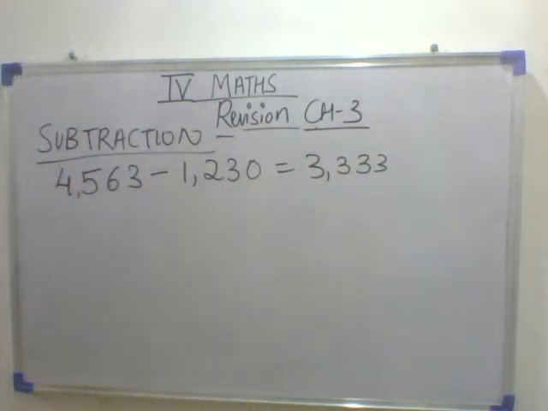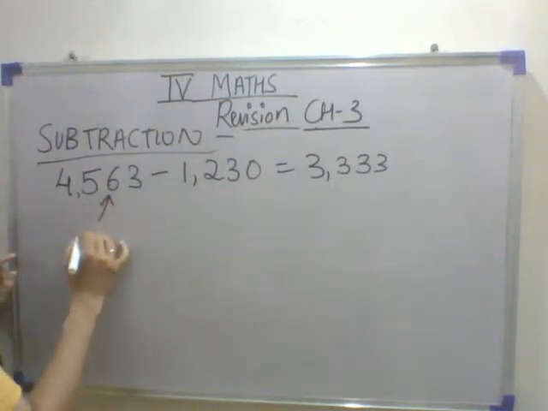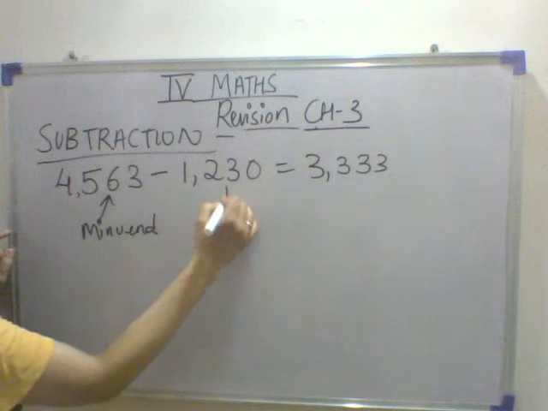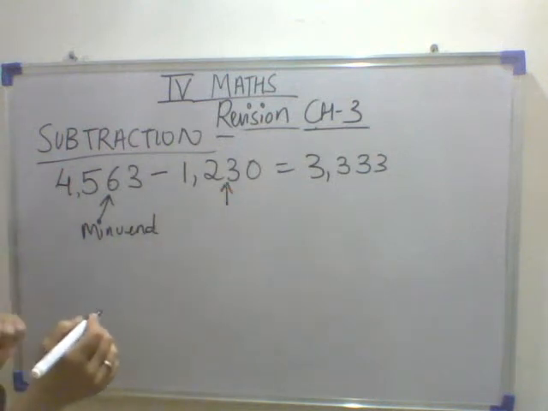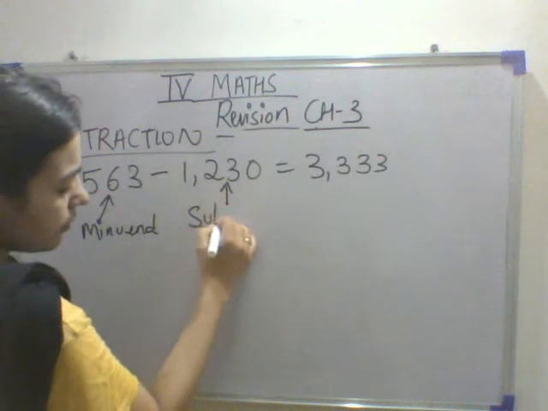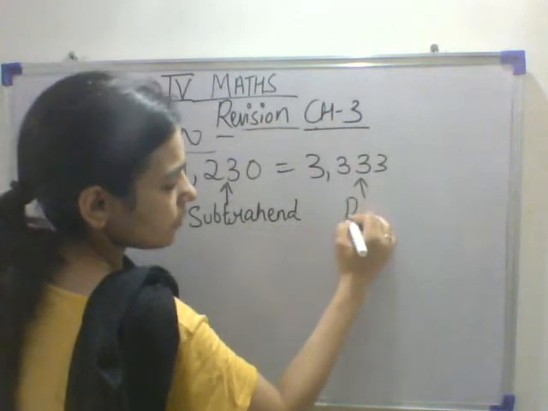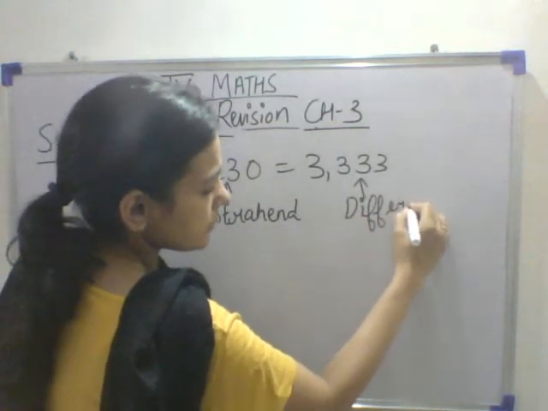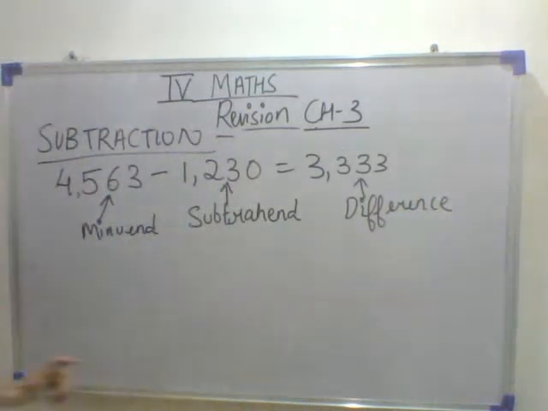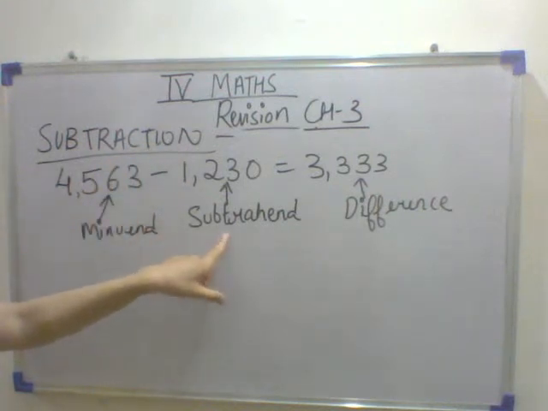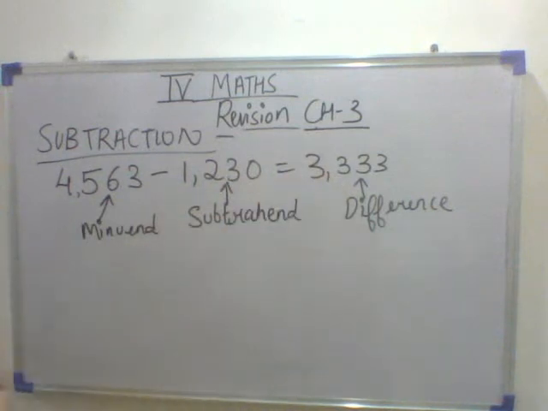Now this greater number is known as the minuend. This number is known as the subtrahend. And the answer is known as the difference. This greater number is known as minuend, this smaller number is known as the subtrahend, and this is the difference.